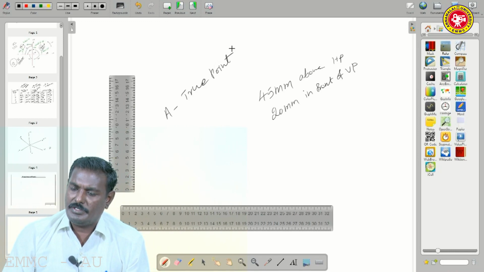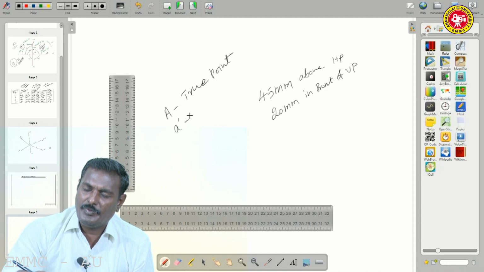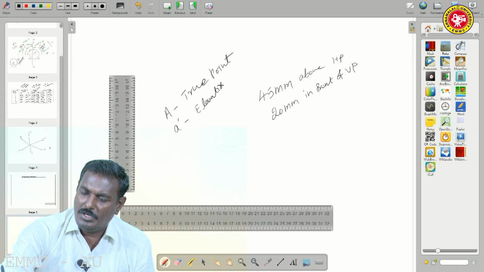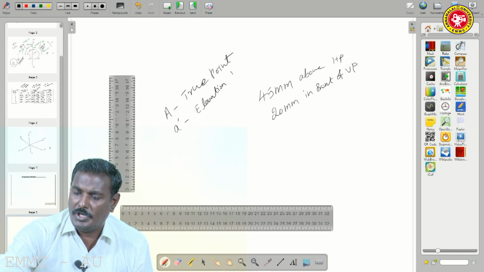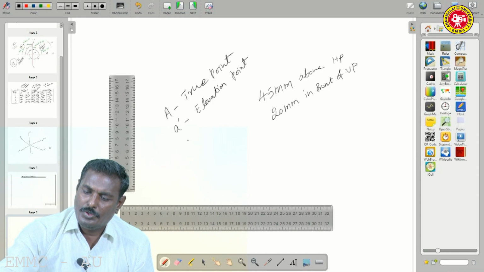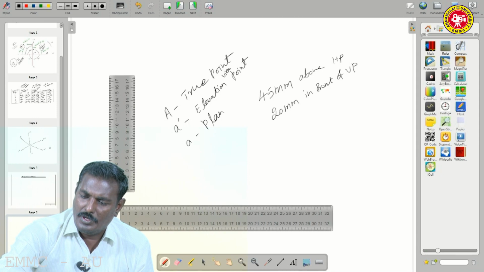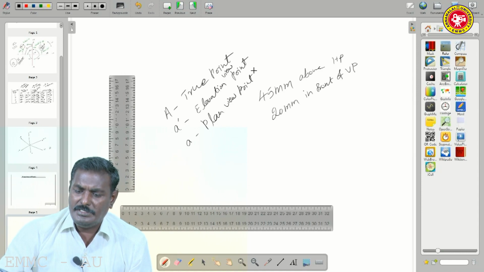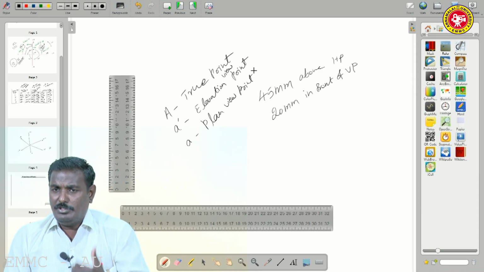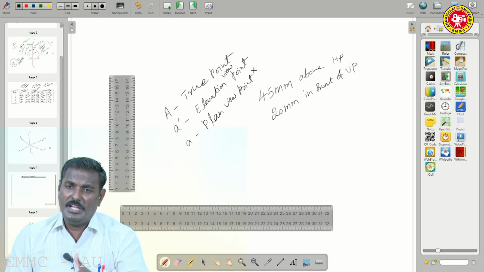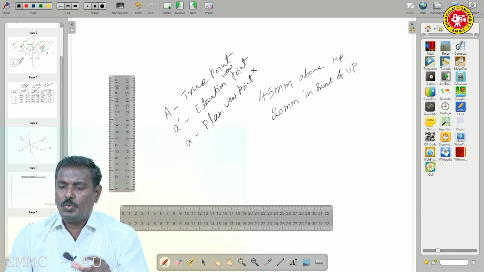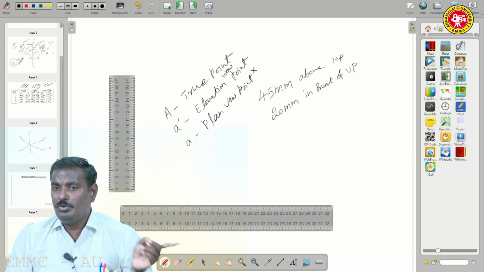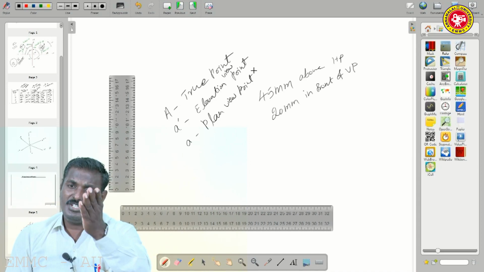A dash is the elevation or front elevation point, and A is the plan view point. So that is the concept. The true point is given to us, but A dash and A we have to construct. So what is A dash? Elevation. Whenever you look at HP, that tends to elevation, that is A dash.